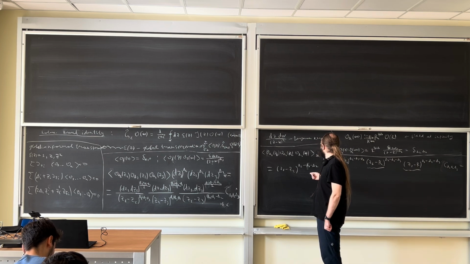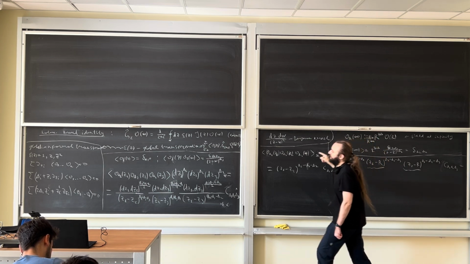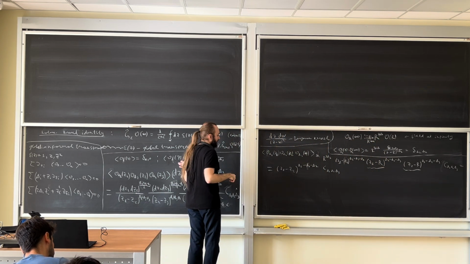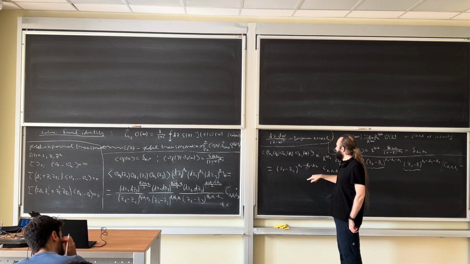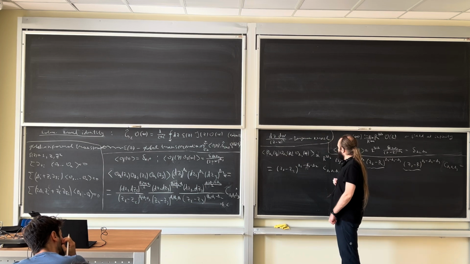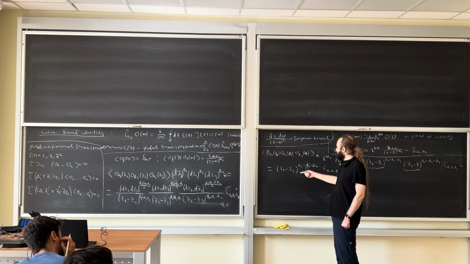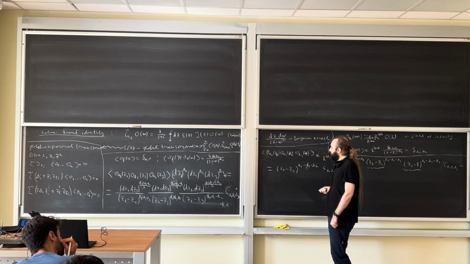It looks like the two-point correlator written here, but the dimensions of these fields are related to the power of z1 minus z2 in a different way.